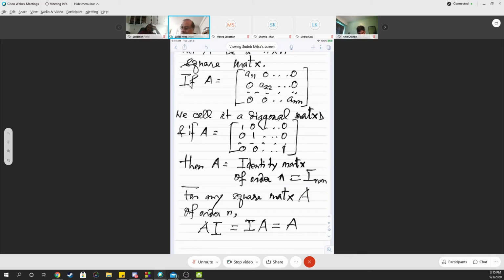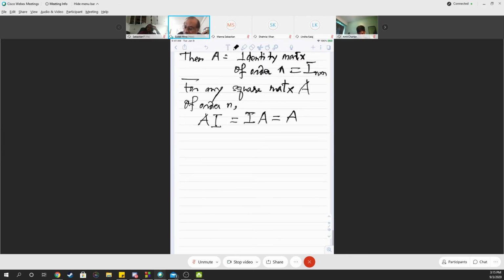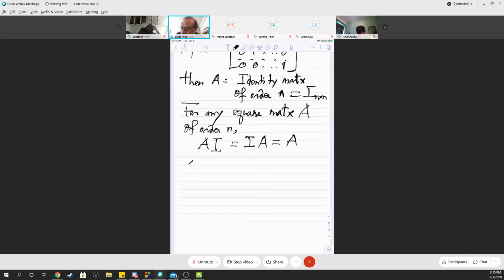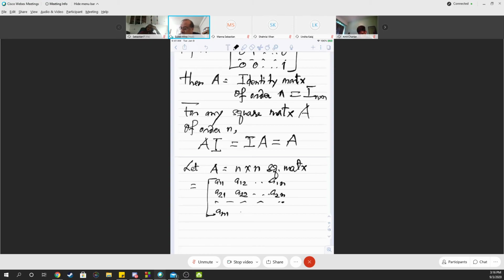Now finally we have time. Let A be an n by n square matrix. So A11, A12, up to A1n, A21, A22, up to A2n, down to An1, An2, up to Ann. So this is the leading diagonal.